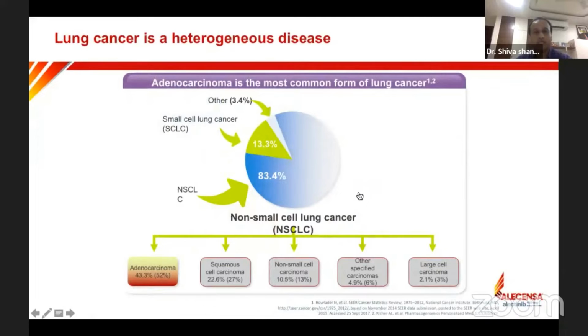So we all know lung cancer is a heterogeneous disease. It is broadly divided into small cell and non-small cell lung cancer, and non-small cell lung cancer constitutes roughly 80%. Among them, adenocarcinoma, squamous cell carcinoma, large cell carcinoma, and not otherwise specified are further classified.